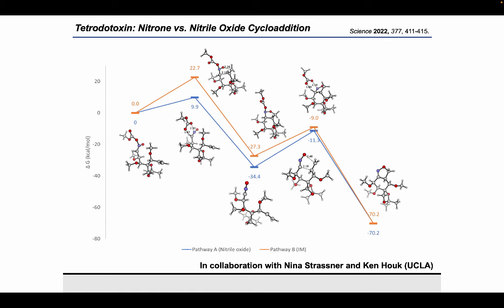They found that the direct elimination of the Boc group from the nitrone is more favored by about 13 kcal per mole over initiating the nitrone cycloaddition, which guides the reaction through the nitrile oxide cycloaddition pathway.